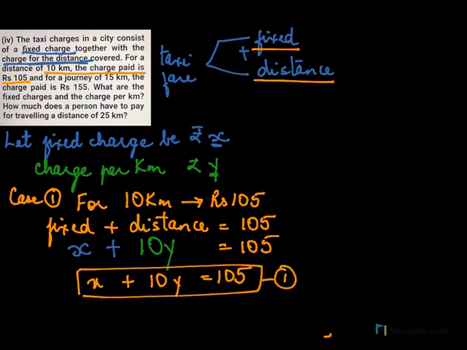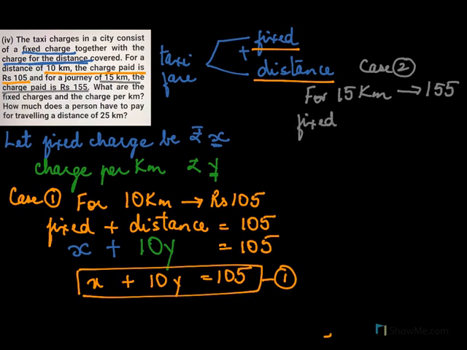Now let us get on to case 2. So for case 2 they said for 15 kilometers he pays 155 rupees. So again here he has to pay a fixed charge plus for the distance. The charge is made up of two parts.